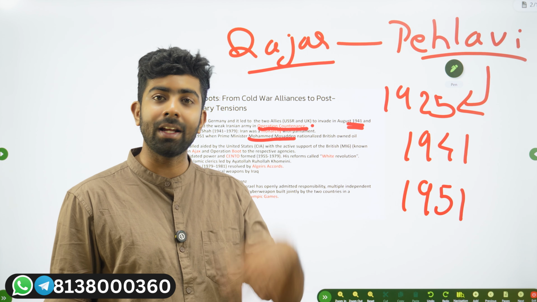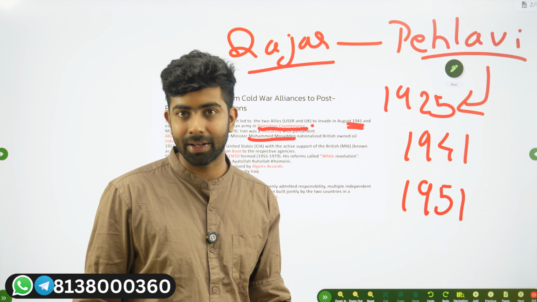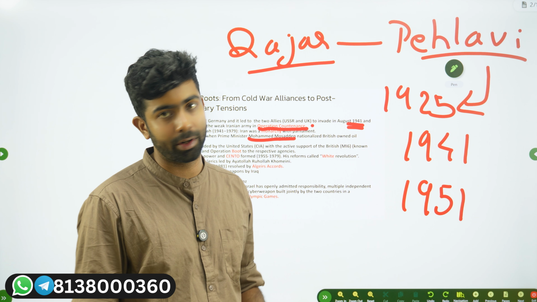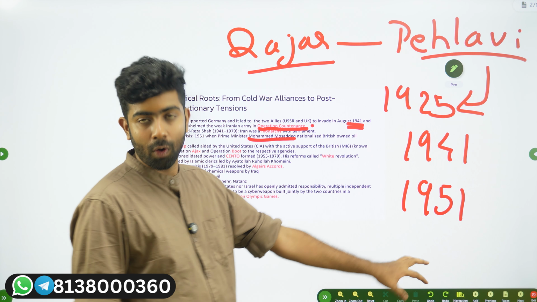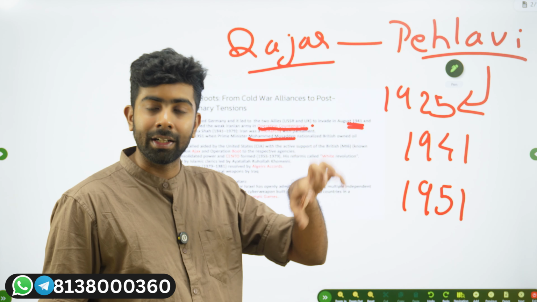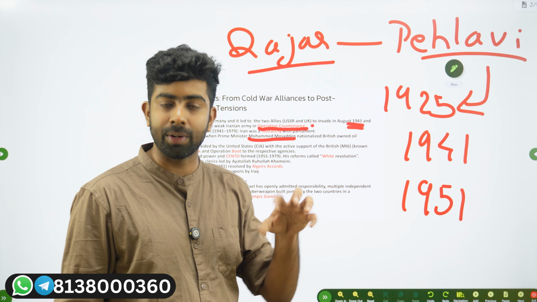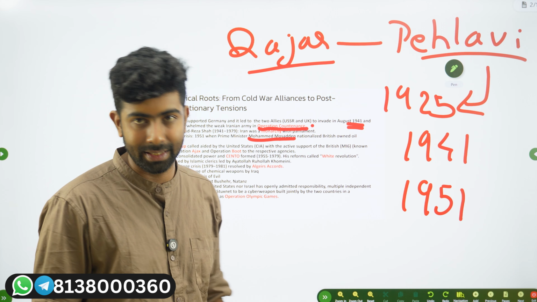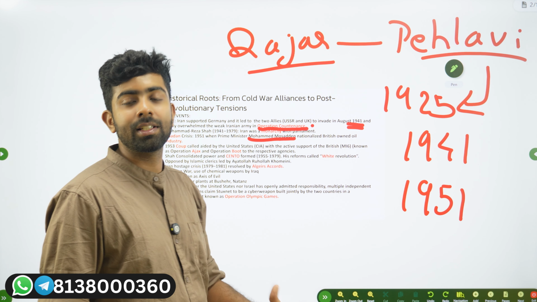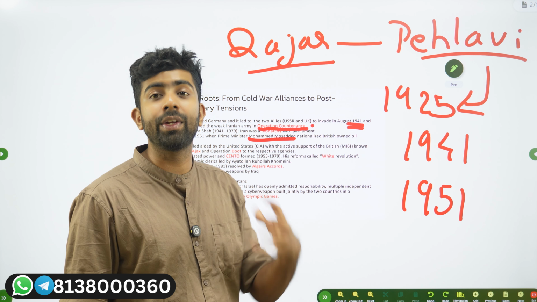So please understand Operation Countenance and the Abadan Crisis. These kinds of words are important from the prelims point of view. The Abadan Crisis in 1951 was the nationalization of the British-owned oil industry by the Prime Minister of Iran, Mohammad Mossadegh, and this led to the 1953 coup.